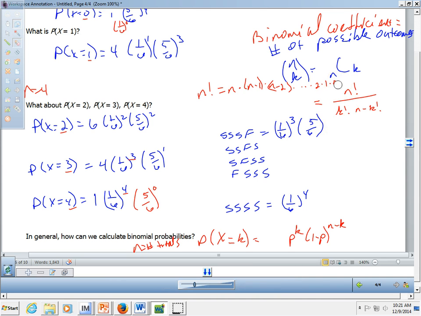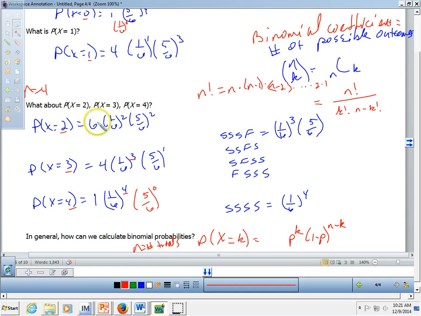I'm basically reducing it by 1, whatever n is, every time, and multiplying all those numbers together. It's kind of weird without an example, and I'll show you what that looks like in just a second. But that's where the number of combinations come from.